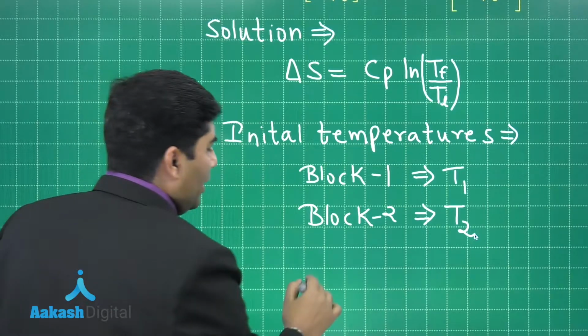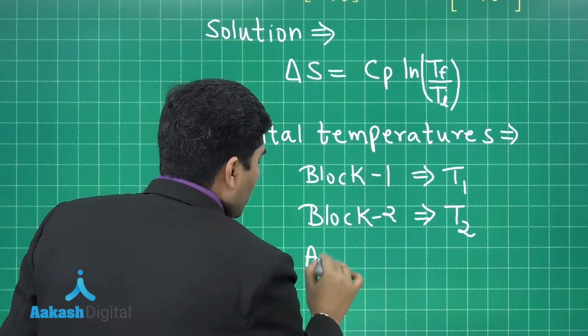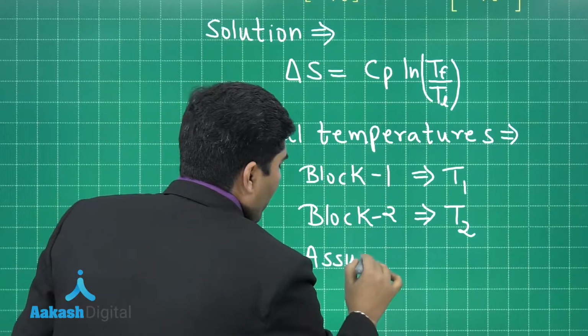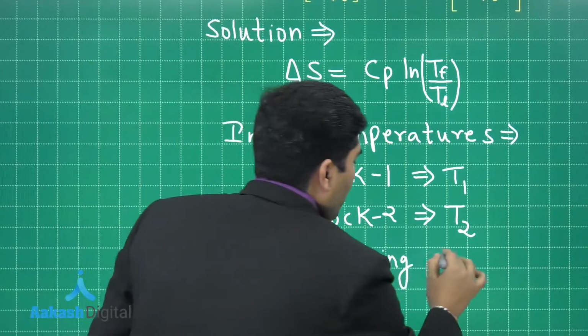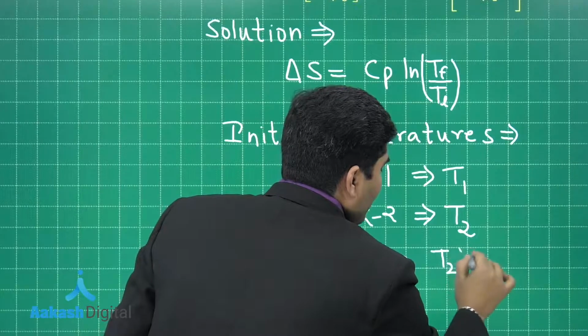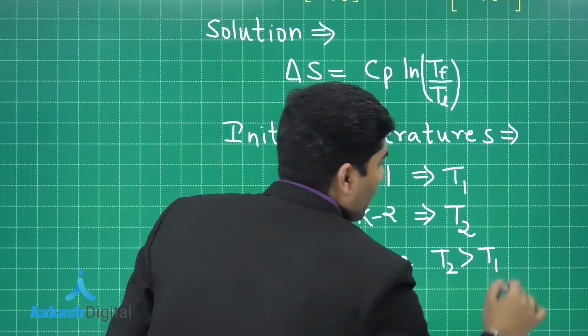Let us assume that T2 is greater than T1.